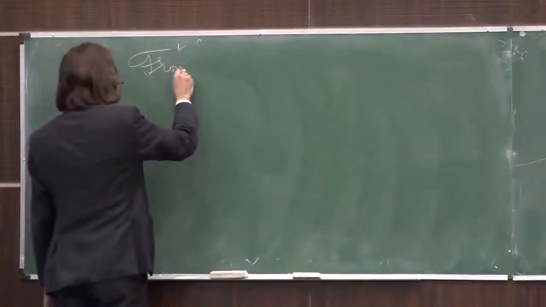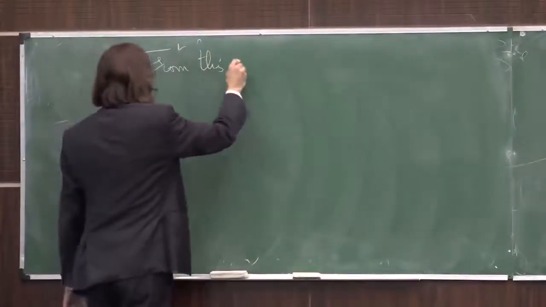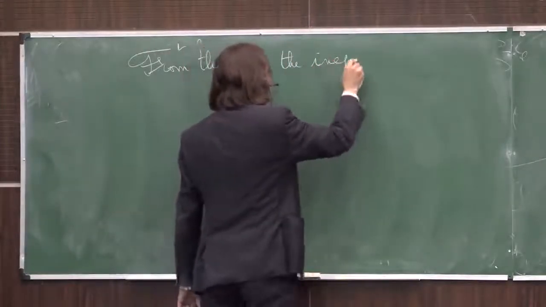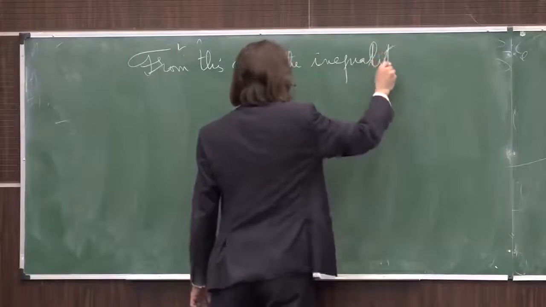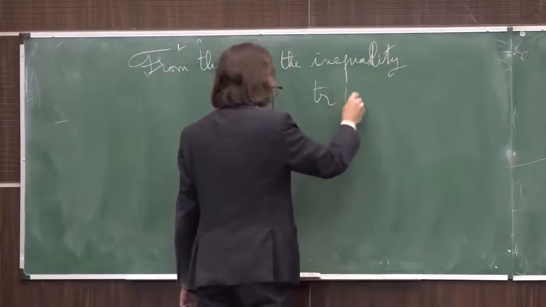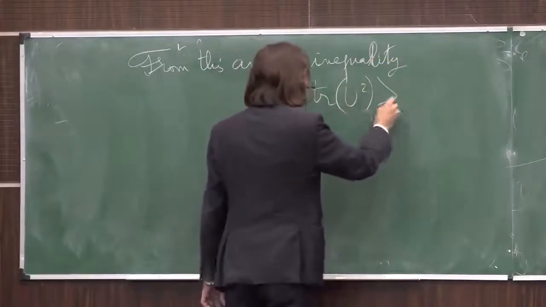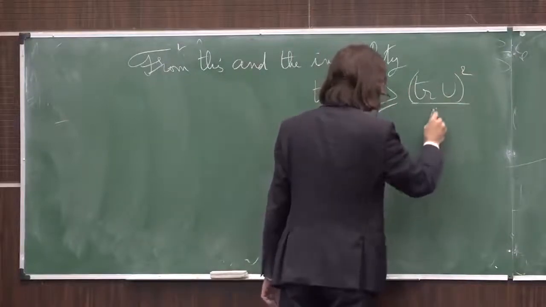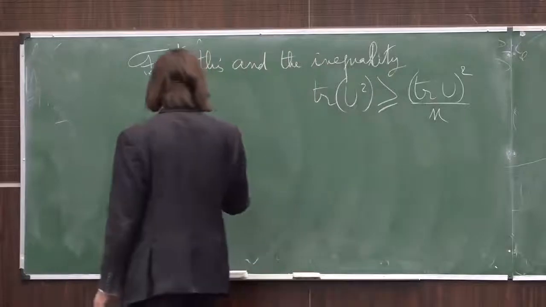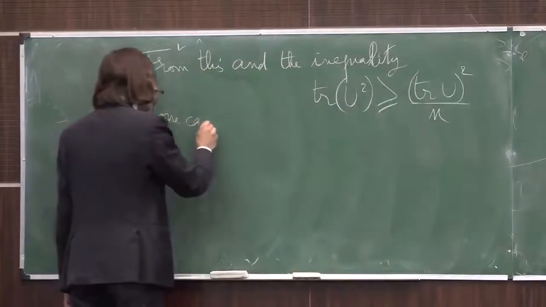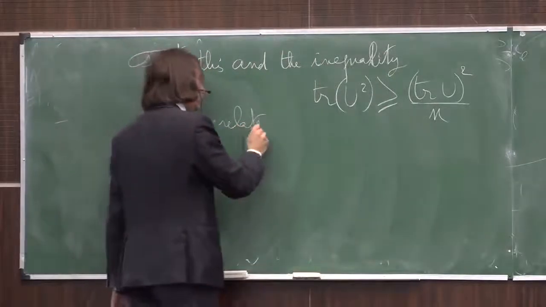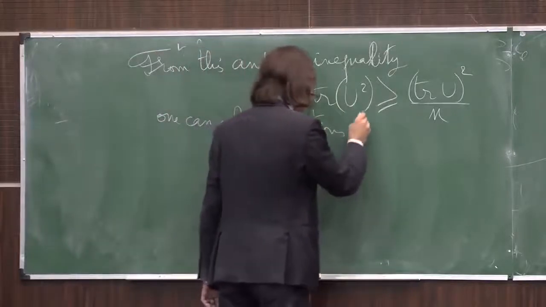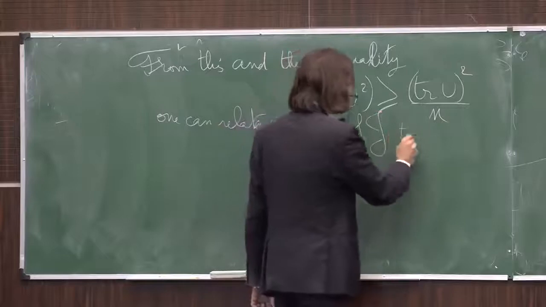So from this and the inequality trace of U square is bounded below by trace of U squared divided by n, one can relate variations of J to the Ricci.